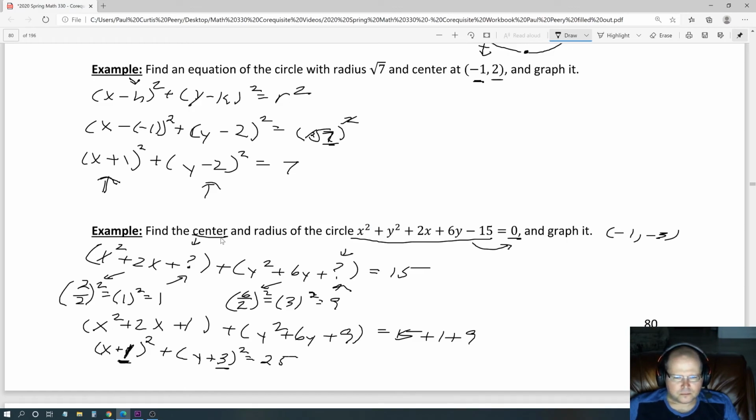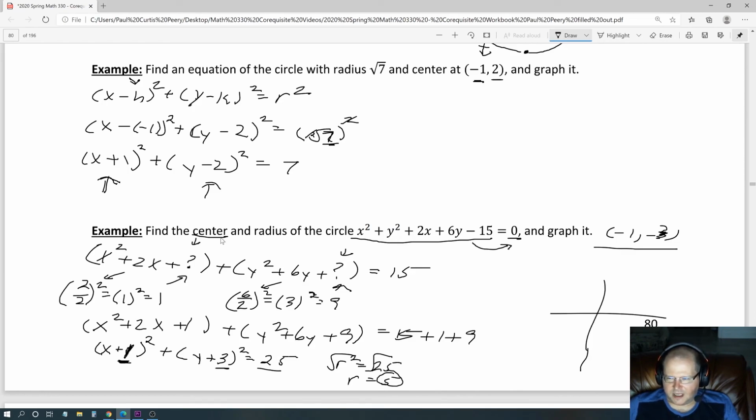This 25 is actually r squared. We don't want r squared, we want just r, so we take the square root of both sides, and that gives me a 5. So the center is negative 1, negative 3, and the radius is 5. Let's graph it.